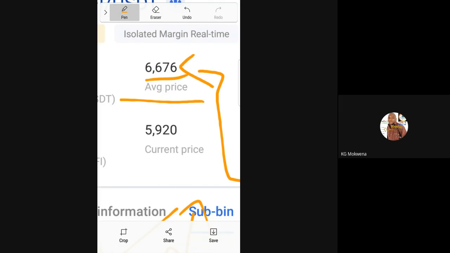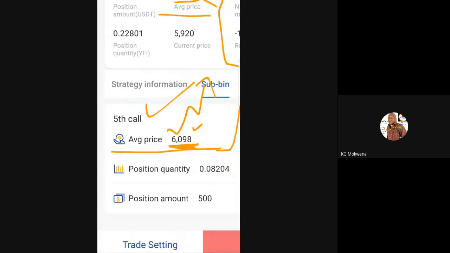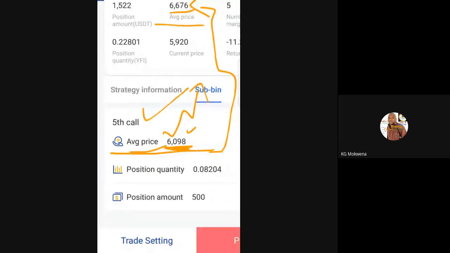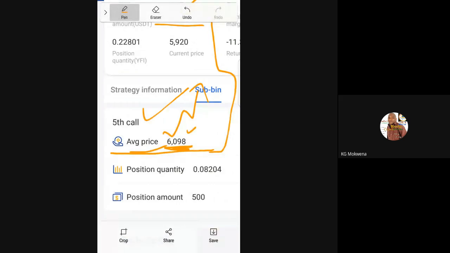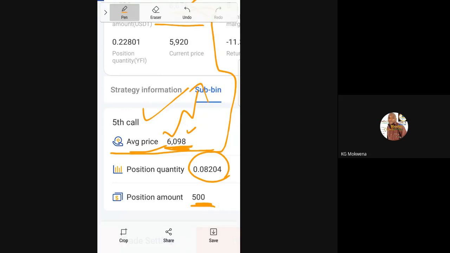However, before even this is reached, position number 5 will already be in profit, and it's something that is very exciting. And that is why, because position number 5 is a sub-bin position, it's now able to allow you to sell its quantity, which was purchased with 500, individually, and collect profit from it even before the whole position goes into profit, which is what is very important and what I want to show you on the chart.